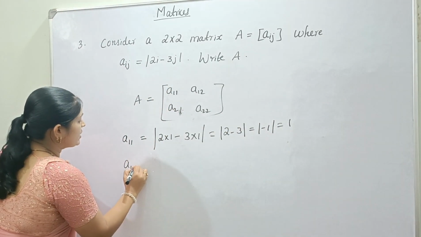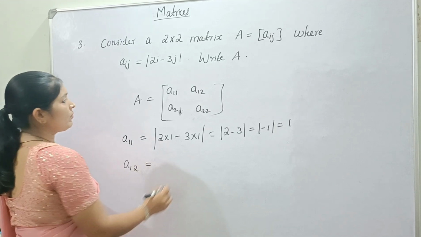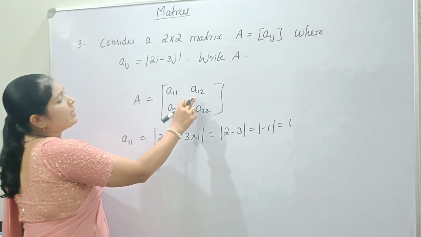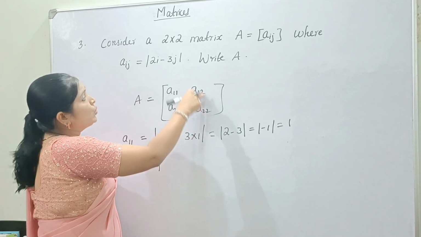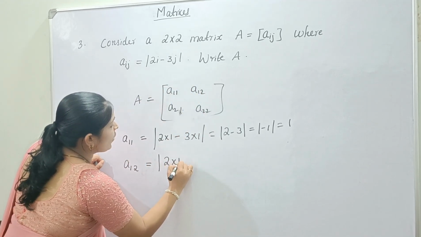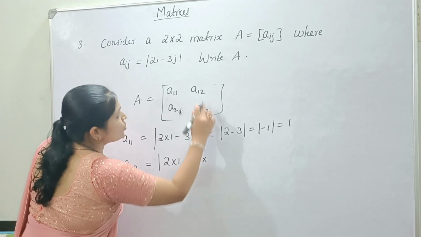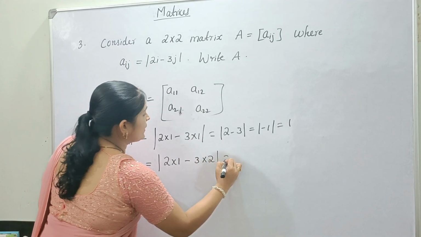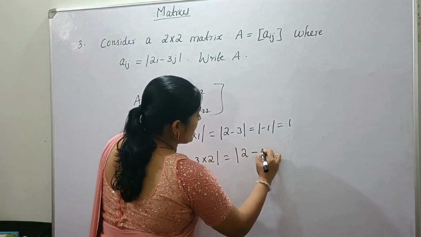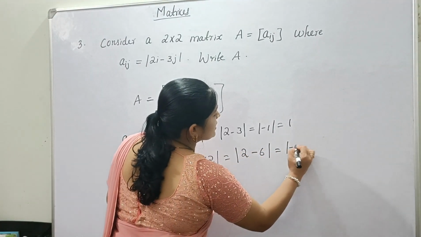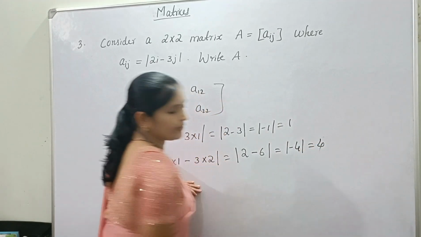Next, we will find A12. Here in A12, i is equal to 1, j is equal to 2. So modulus of 2 into 1 minus 3 into 2, that is modulus 2 minus 6, that is modulus minus 4, that is equal to 4 itself.